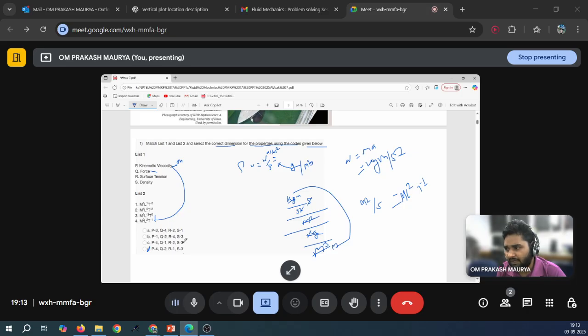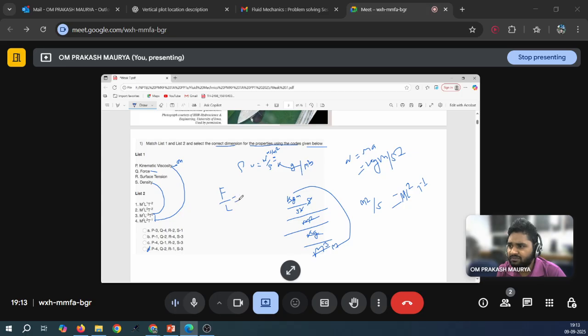For S, 3 is for density, that is kg per meter cube. For surface tension, it is force per unit length.